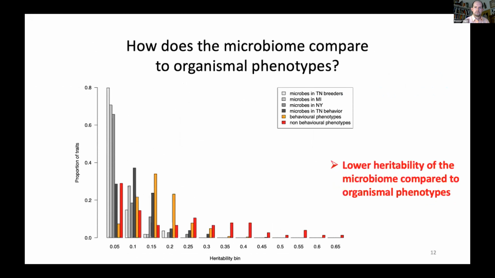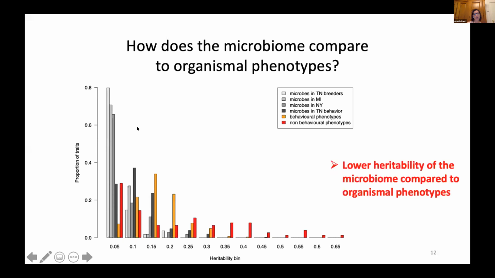And so keeping in mind that heritability estimates are population specific, what makes the most sense to me to do is to compare the microbial taxa to organismal phenotypes. And I've split here between behavioral and non-behavioral phenotypes, because we know that behaviors tend to have lower heritabilities than non-behavioral phenotypes.